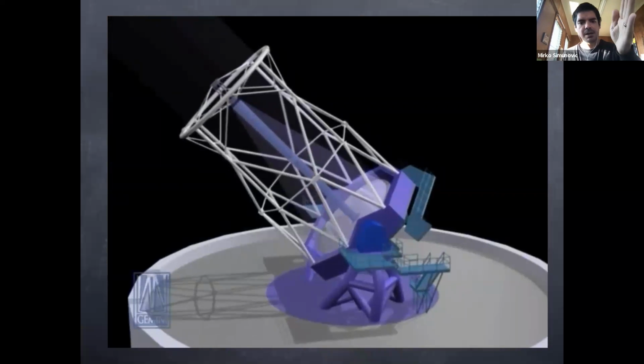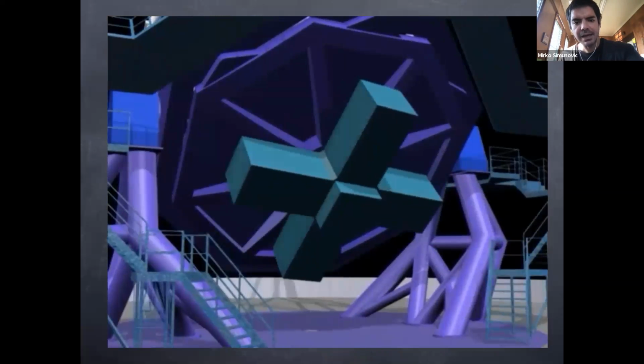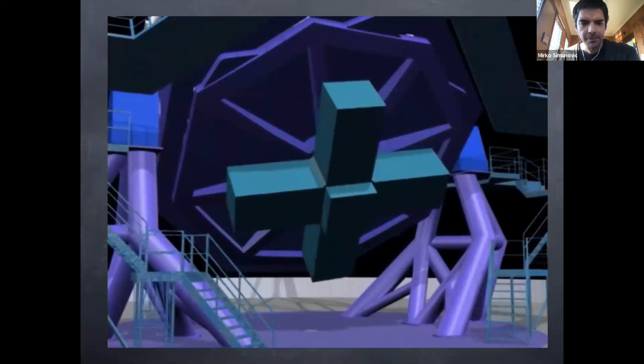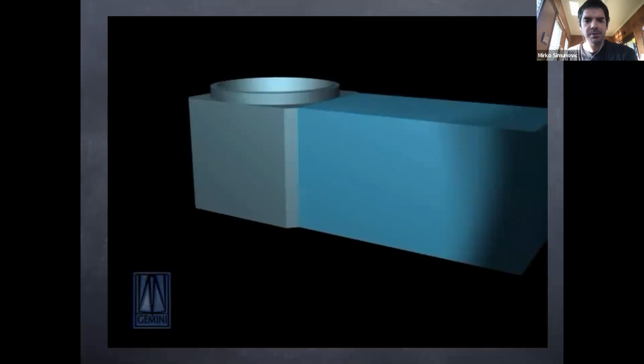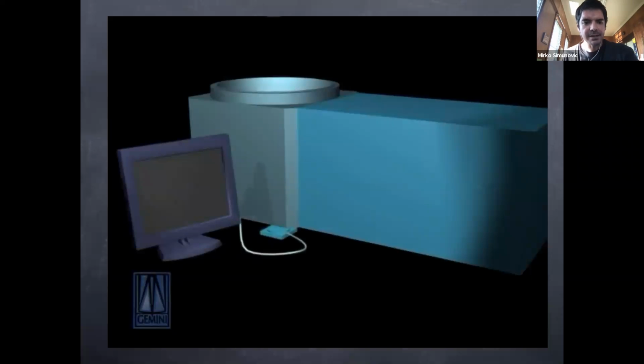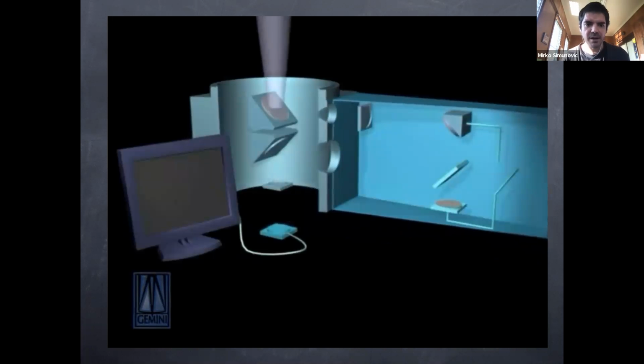It's made by the interaction of the laser with the atoms, right? So once the light of the sodium atoms comes back to the telescope, then all that light is collected with the telescope, and it goes through a system of what we call adaptive optics.